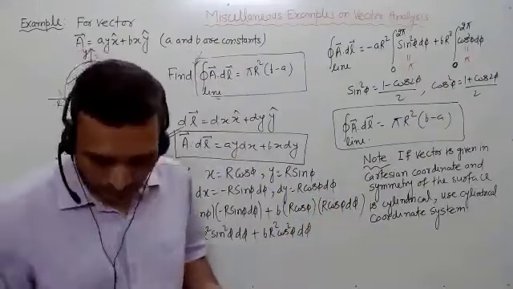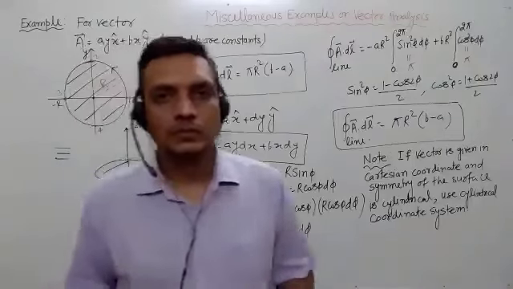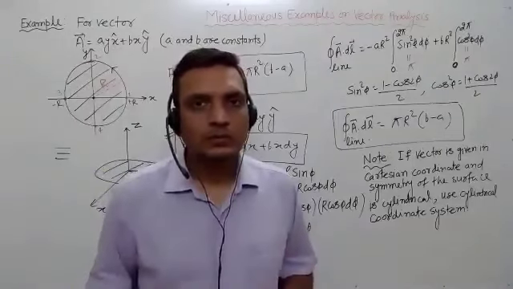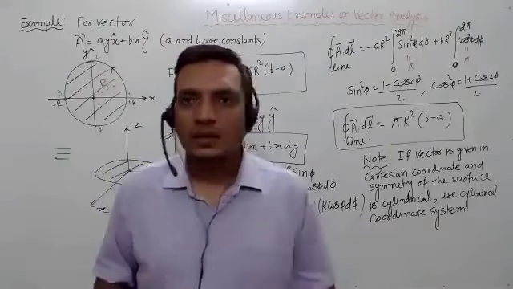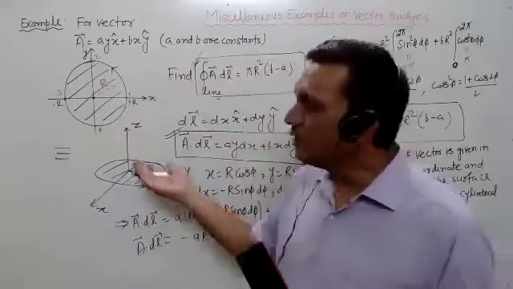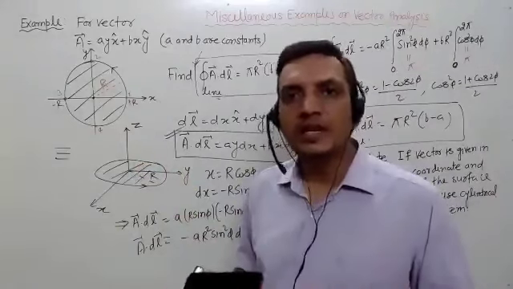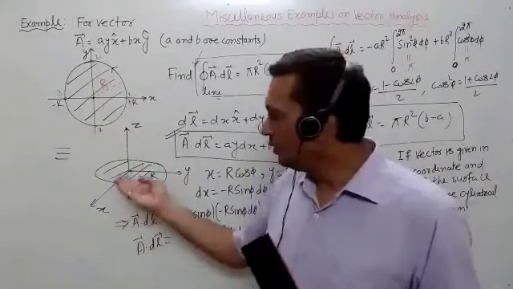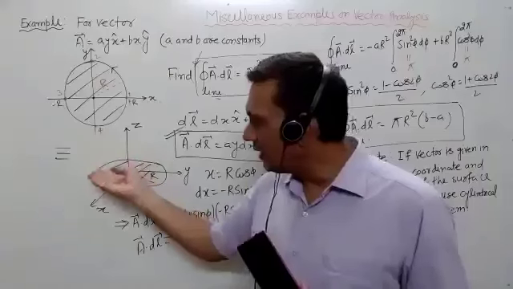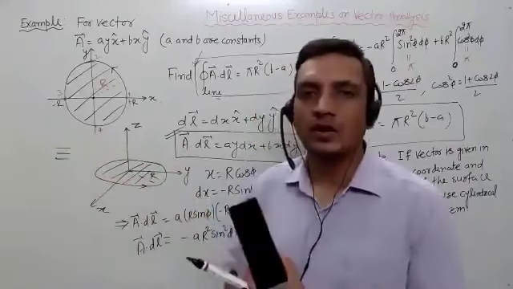Excuse me, sir. How can we decide that the symmetry is cylindrical or not? Now you know the coordinates, the cylindrical symmetry, so you have to relate with cylindrical coordinate. You can see this cylinder, this circle has cylindrical symmetry or not.